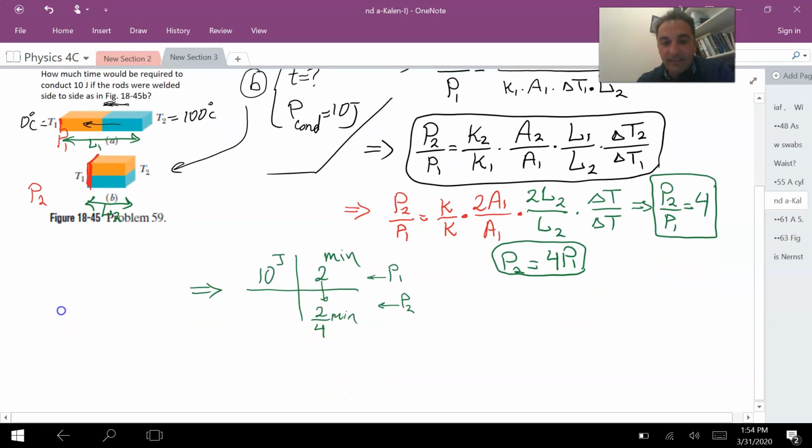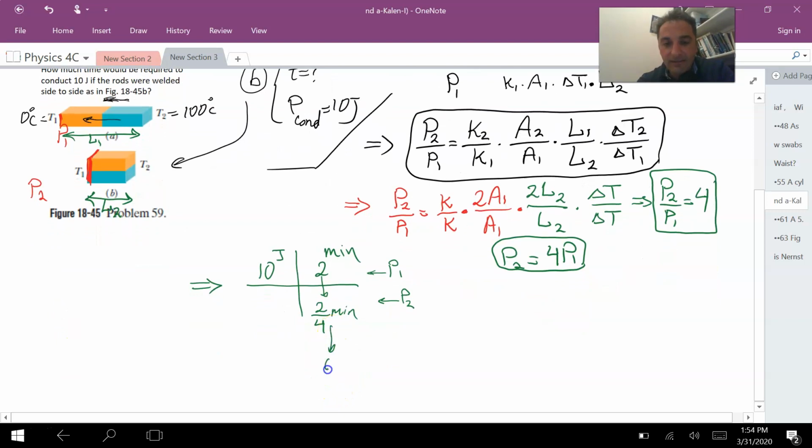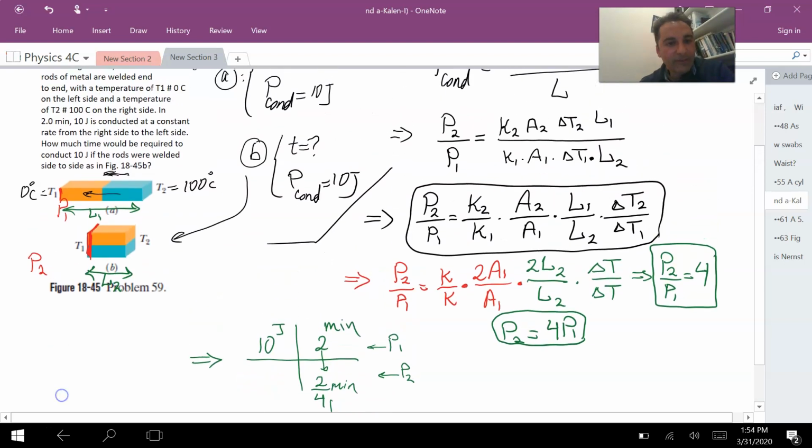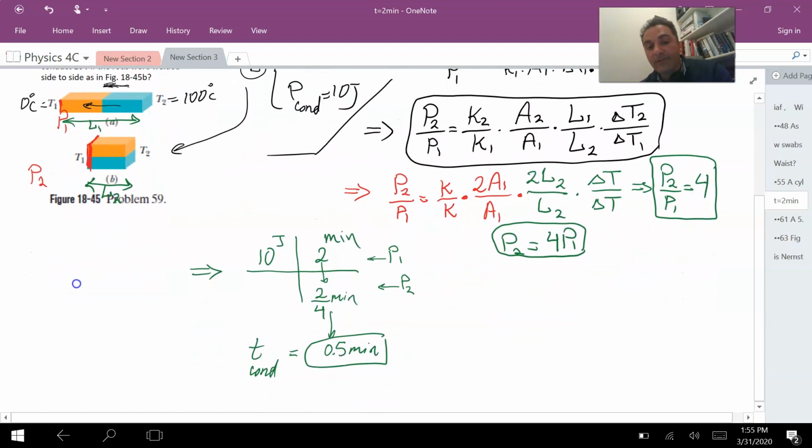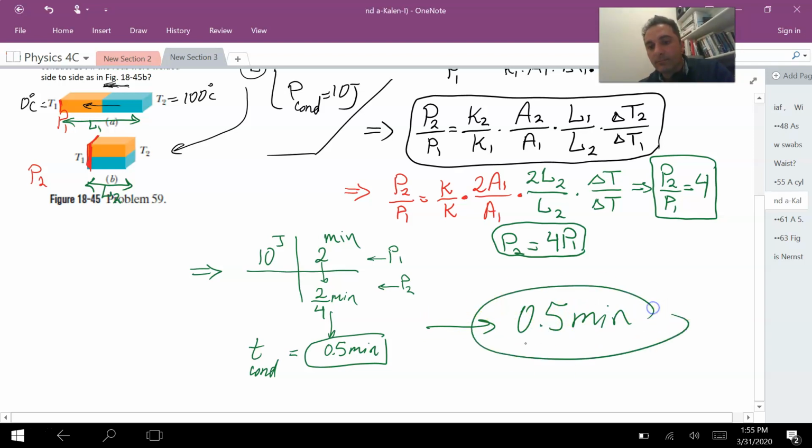What is the answer then? 0.5 minutes. I believe it. This is the time of conduction. What does the question say? Look, how much time would be required to conduct 10 joules? Yes, 0.5 minutes in picture B. Okay?